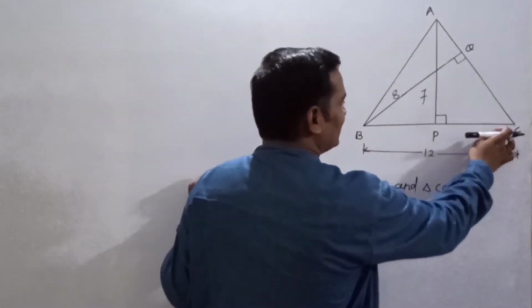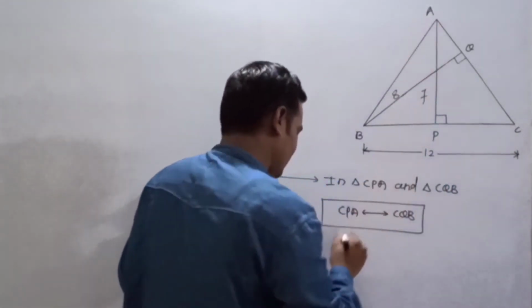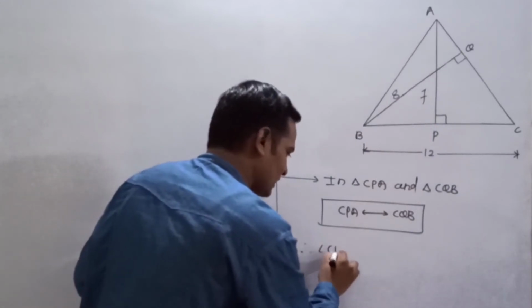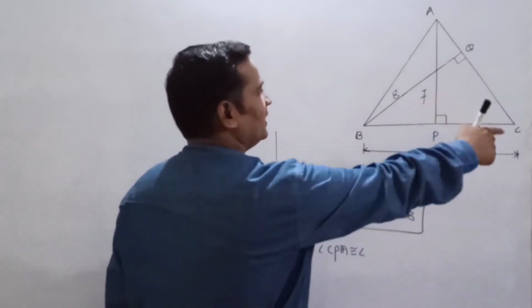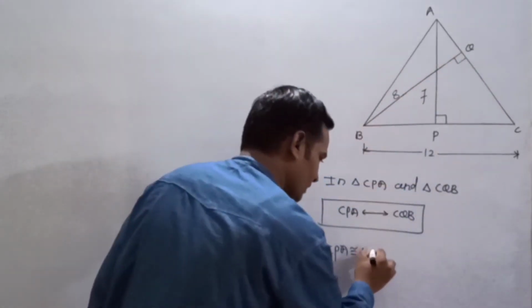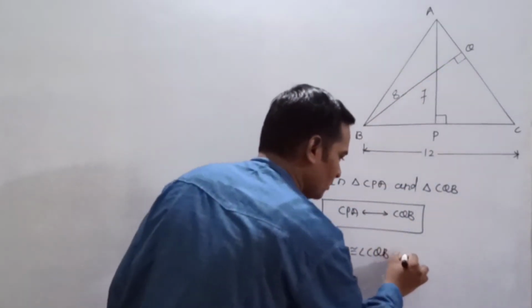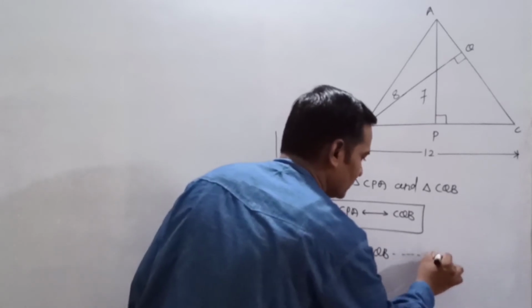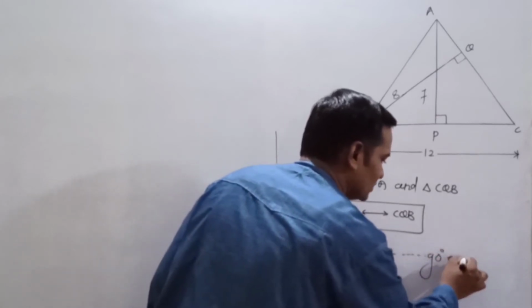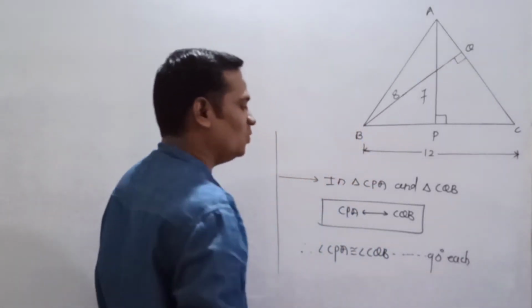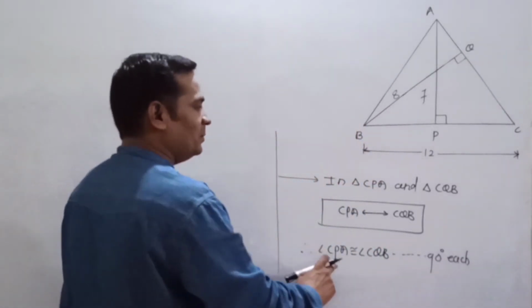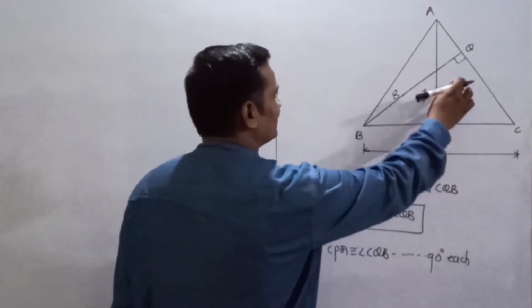Look at this: angle CPA is congruent to angle CQB, and write down the reason: 90 degrees each. The measure of each angle is 90 degrees, look at this sign over here.